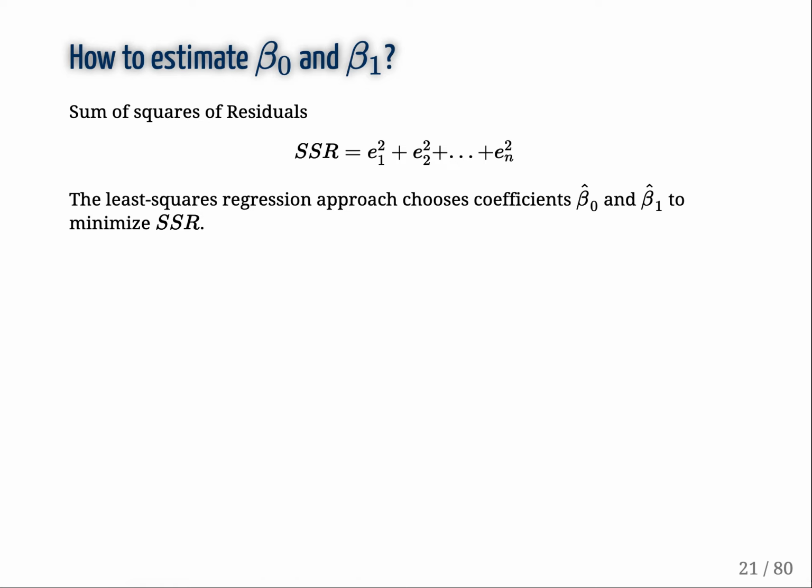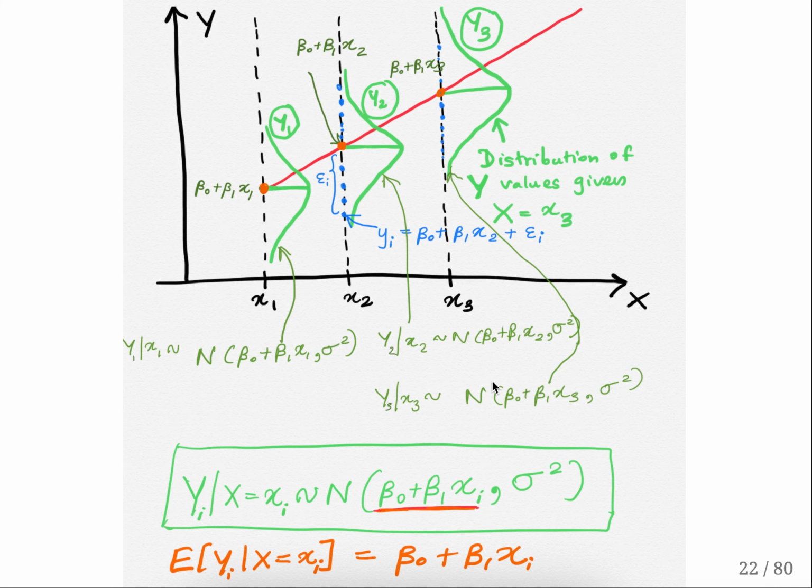In the least squares regression approach, we choose coefficients that minimize the sum of squares of the errors. Let's try to understand these things through visualization. We learned in the previous slide, since y is the sum of the constants and the normally distributed error, y is also normally distributed at any given level of x.